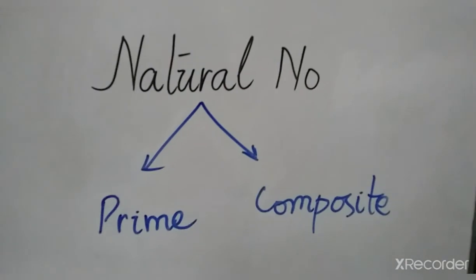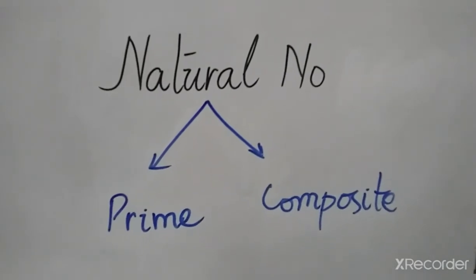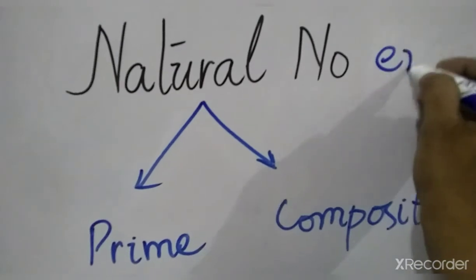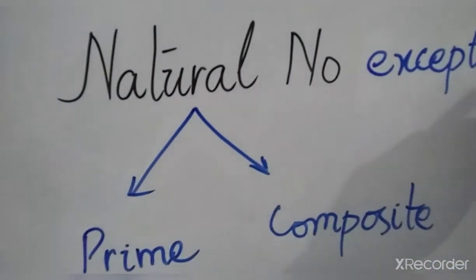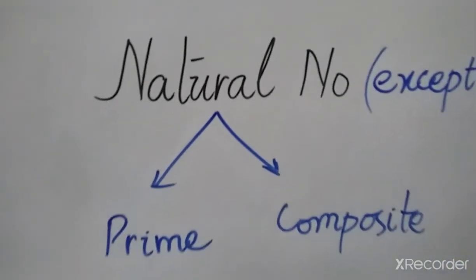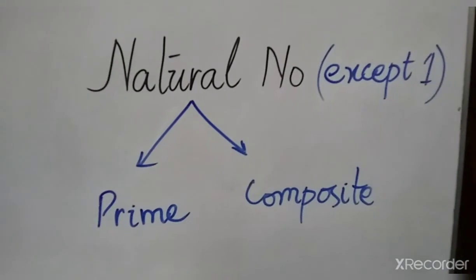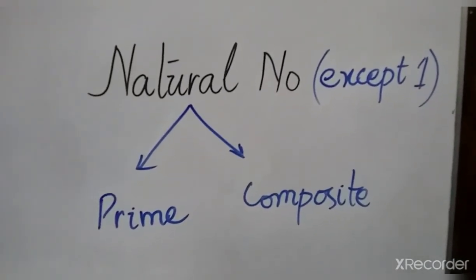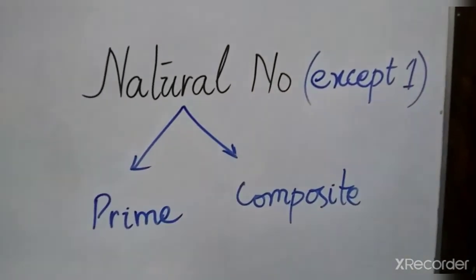That every natural number can either be prime or composite. Of course not. Why? Because I have explained we have only one. One is a number which is neither a prime number nor a composite number. So we should say the statement like this: every natural number except one can be a prime or composite number.